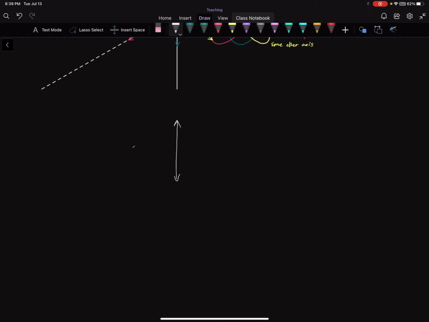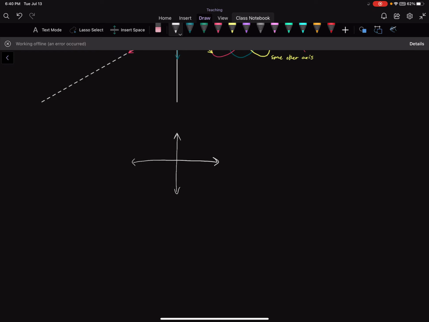You also have photons, right? We're not talking about a single photon, we're just talking about a beam of light. You have some photons in that beam of light that are oscillating that way. You have some photons that are oscillating this way. You have some photons that are oscillating that way, and every possible way, right? So that would be unpolarized light.